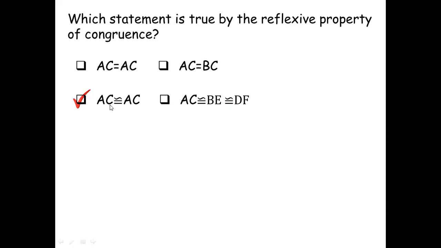You have to be very careful. Do not just read reflexive property and choose AC equals AC. Reflexive means the same thing. 2 equals 2. A equals A. But that's for reflexive property of equality. Here it specifically mentions reflexive property of congruence, which means you have to choose the one with the congruent sign. So keep in mind to read the question very carefully.